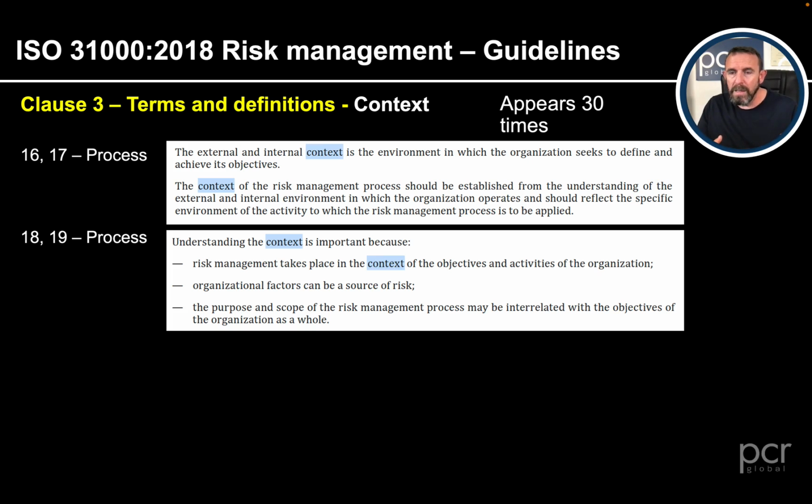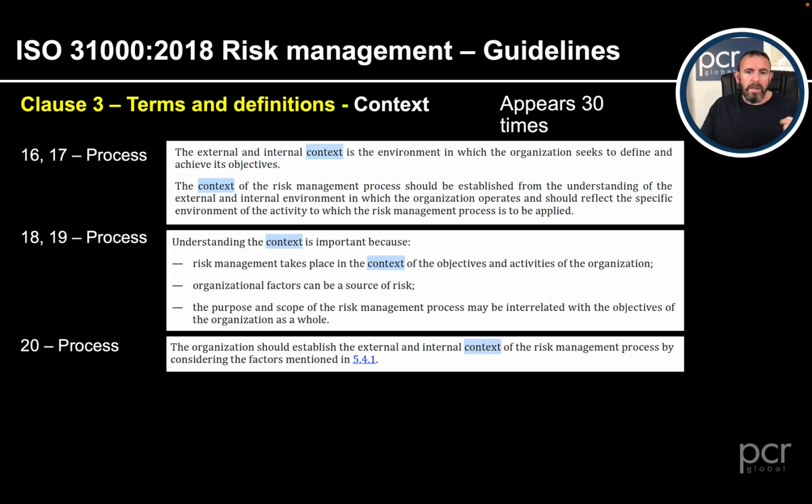However, the internal context, people, processes, vision, values, structure, X, Y, and Z, is going to impact how well we do risk management. So therefore, it is critical that we understand our internal context, because they are sources of risk as well. As it says there, organisational factors can be a source of risk, definitely are a source of risk, because it's either opportunities or threats.